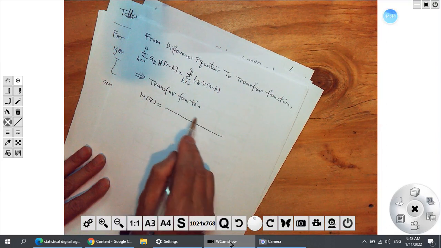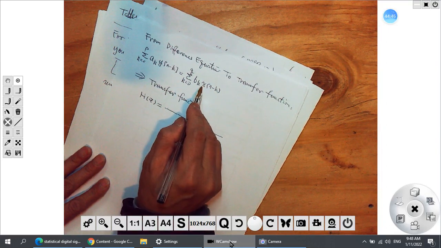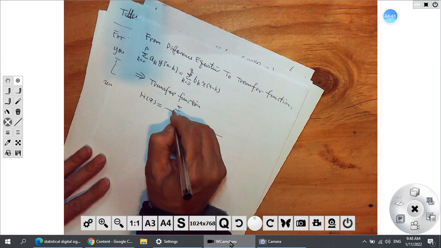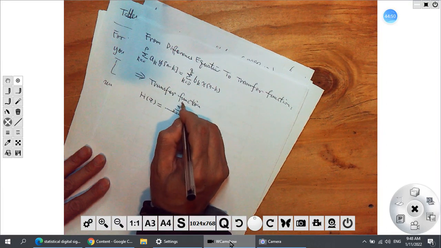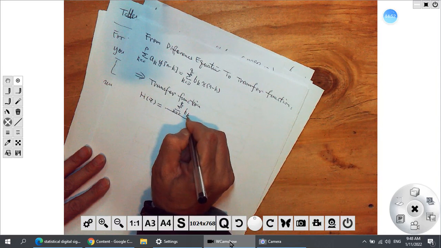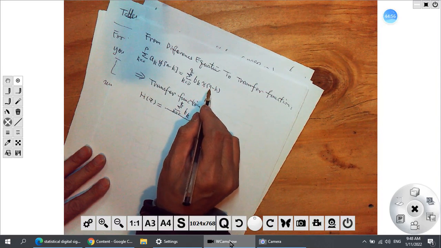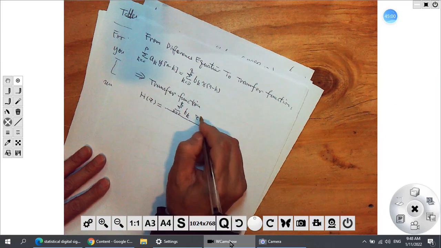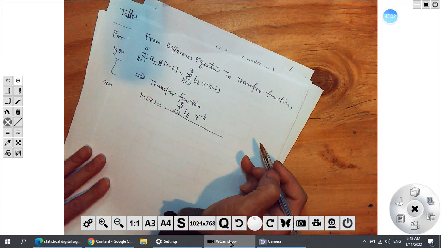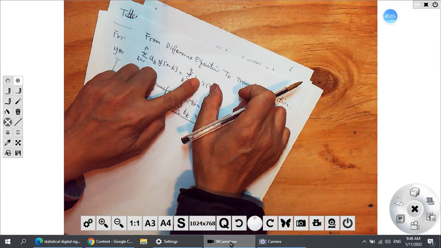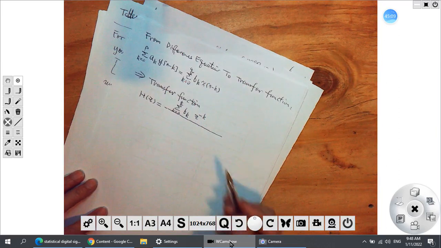The numerator part is just coming from those x terms: the summation of k running from 0 to q, b_k, totally coming from these terms, but replace x of n minus k by z to the negative k. That's it.